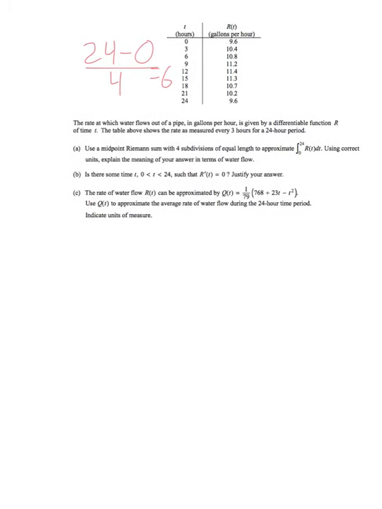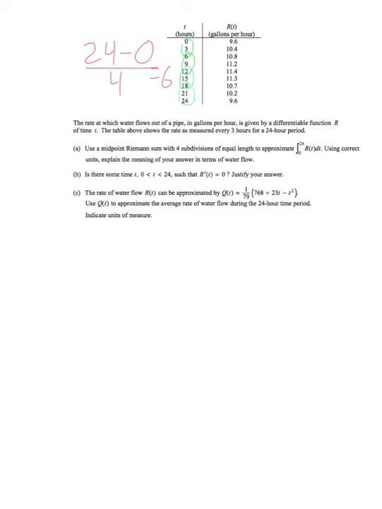That's all right. So I'm going to go from 0 to 6, and then from 6 to 12, and then from 12 to 18, and then from 18 to 24.